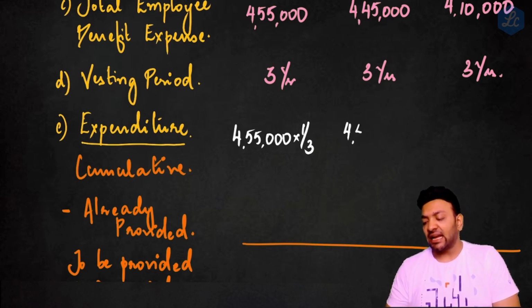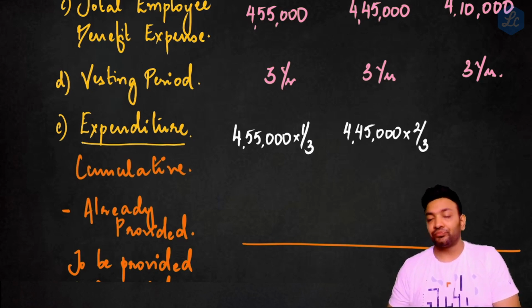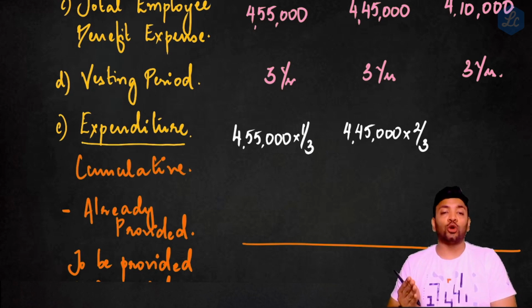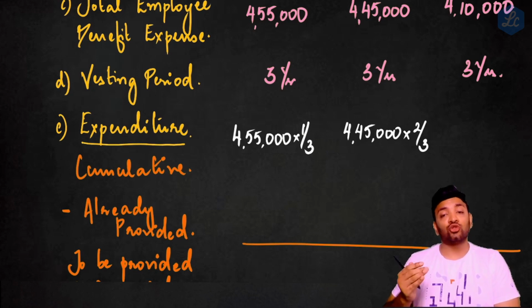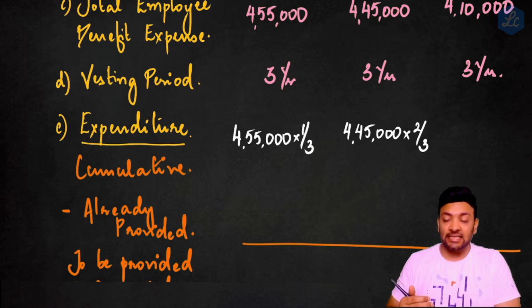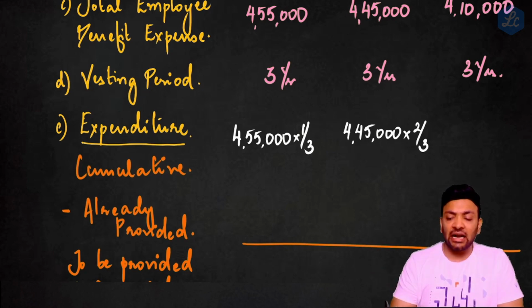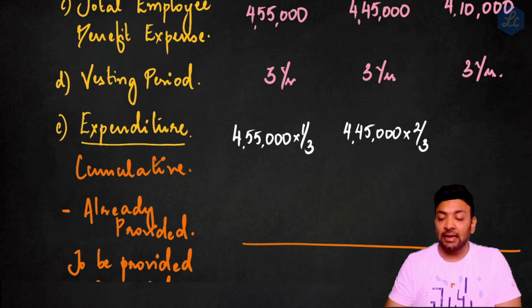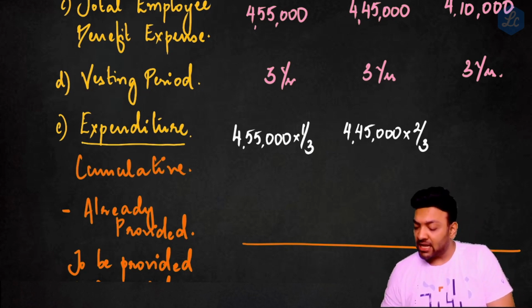By the end of second year, 4,45,000 into 2 by 3. 2 years out of the total 3 years are completed. So much amount of accumulated provision is necessary. Third year, let's not write anything because anyways it is 3 by 3. It will straight give you the same answer of 4,10,000 again.